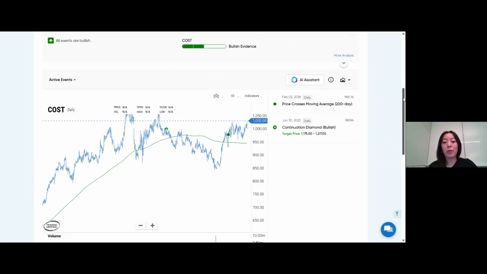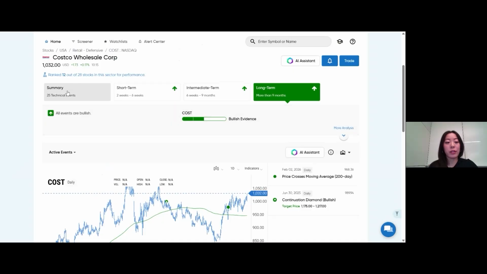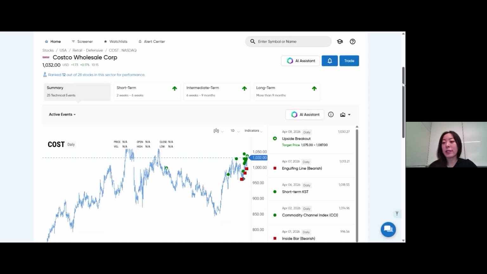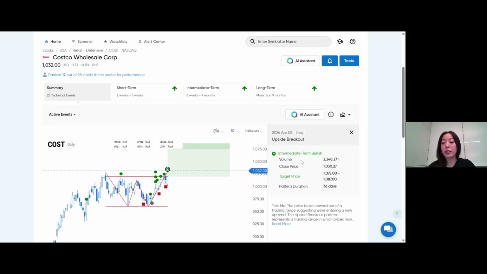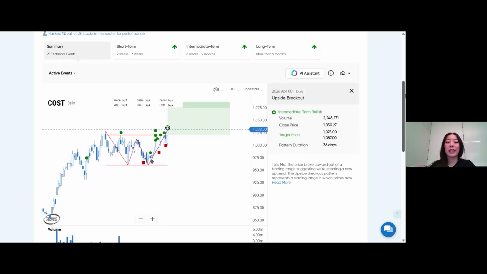Now, let's say I wanted to actually take a deep dive into what these technical events mean on the Costco chart. So if I take a look at all of the technical events, so that I can bring up all my dots again, if I wanted to learn more about this particular technical event, I can click on it and it will show me exactly what this technical event is.